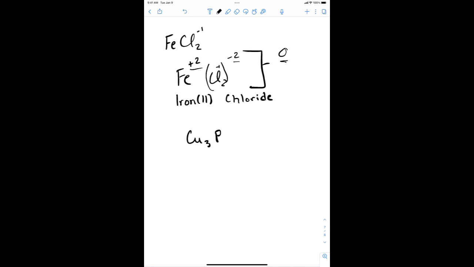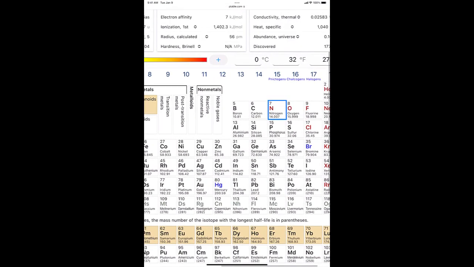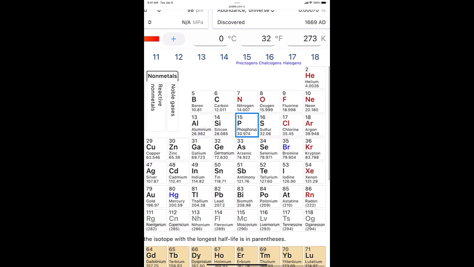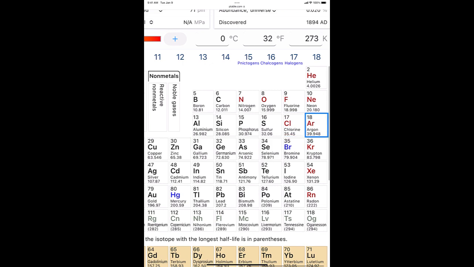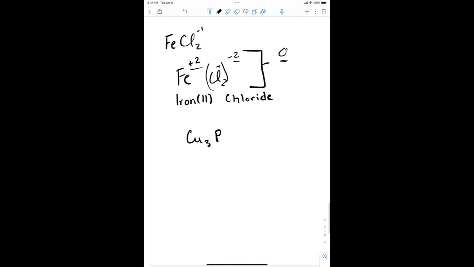Well, phosphorus, if we pull up our periodic table, is right here in group 5, meaning that it's going to have a -3 charge, right? It's going to need or want 3 electrons, 1, 2, 3, to become like argon, and so it's going to be P -3.